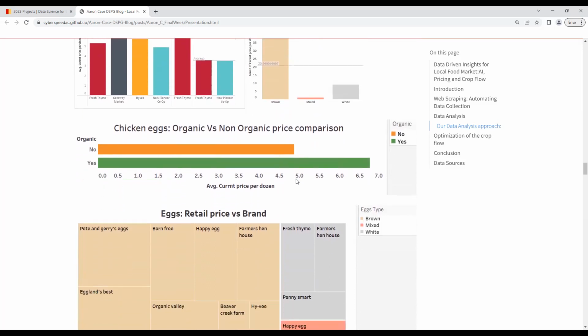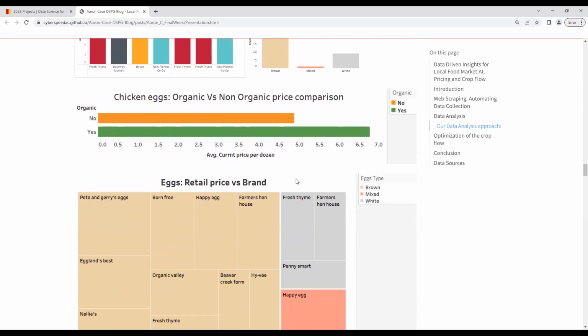Now, since we have duck eggs and chicken eggs, we thought of categorizing them. So this is the chicken eggs, organic and non-organic price comparison. We can clearly see that organic eggs are on the expensive side compared to non-organic ones. And we know why: it takes a lot of effort and time to produce an organic egg.